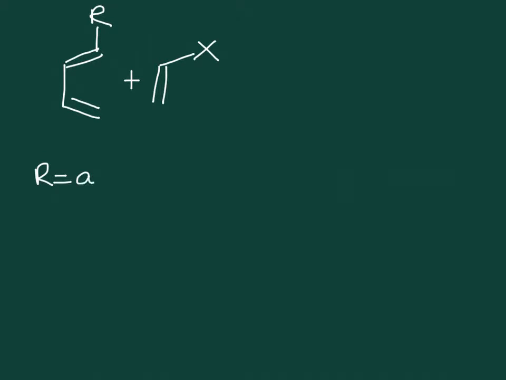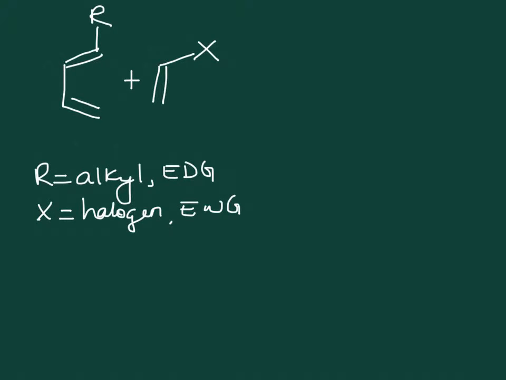So for example, here we have a diene that has an electron donating group and a dienophile that has an electron withdrawing group, because R groups are alkyl groups and they are electron donating groups, and X equals a halogen, which is an electron withdrawing group. We have two possibilities.